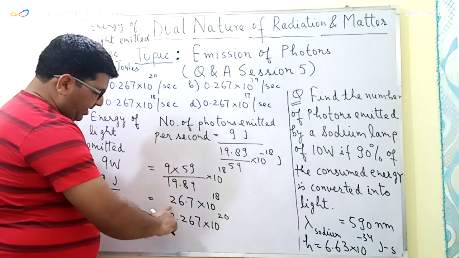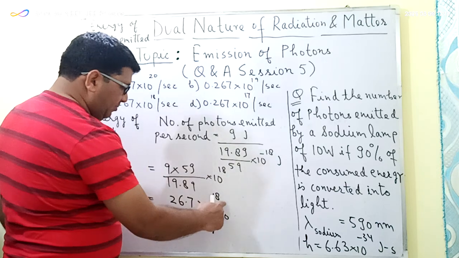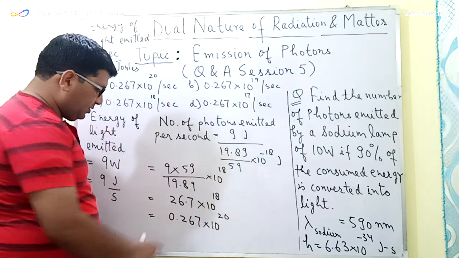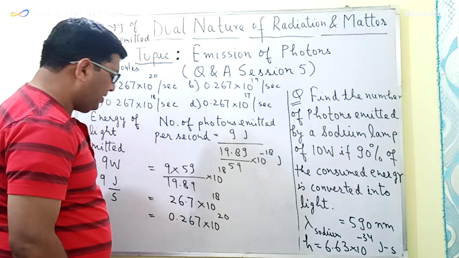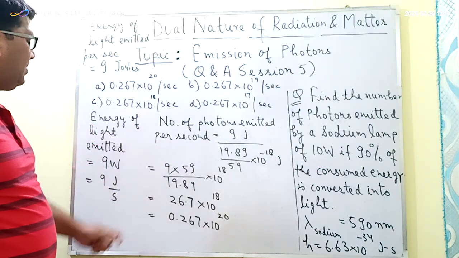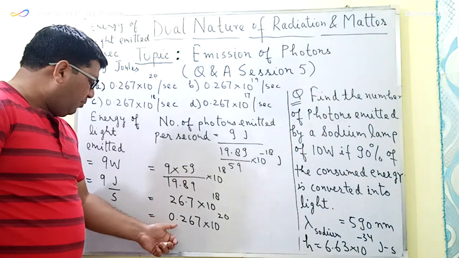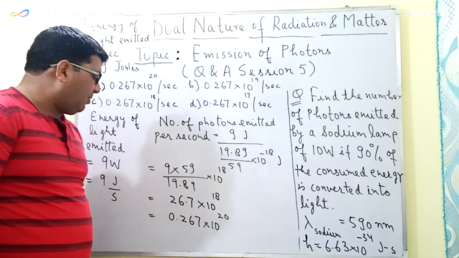You can just divide this by 100 and multiply here by 100. So the number of photons emitted per second will be equal to 0.267 into 10 to the power 20.